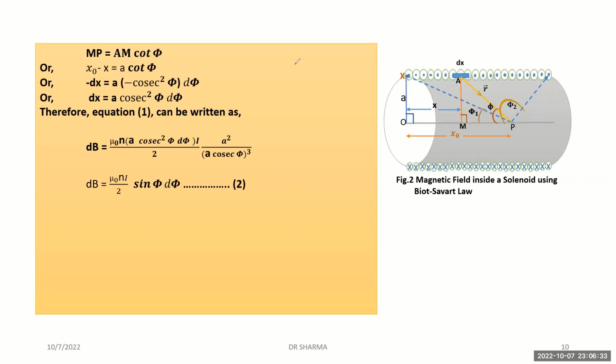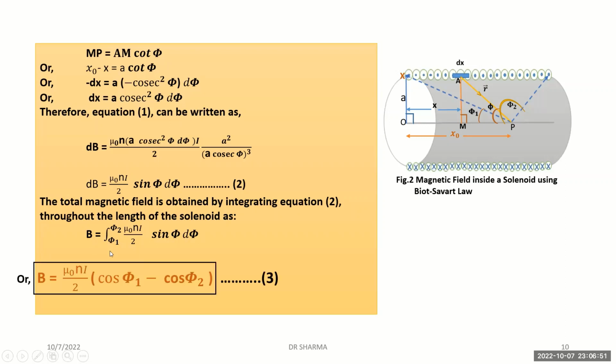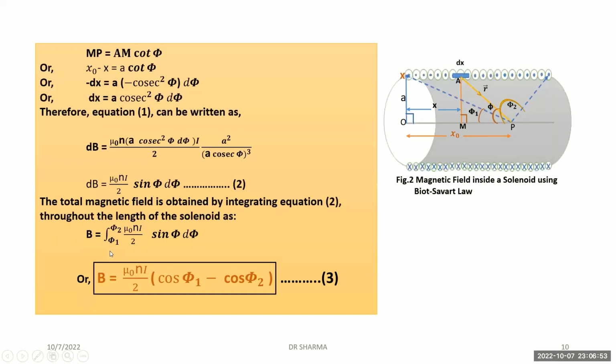Okay. Now integrate this equation and substitute the value of dB from equation 2. Take the constants out of the integration sign and integrate to get B is equal to mu naught n I by 2 (cos phi 1 minus cos phi 2).